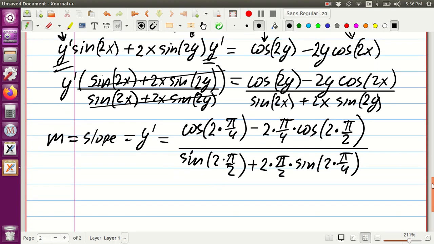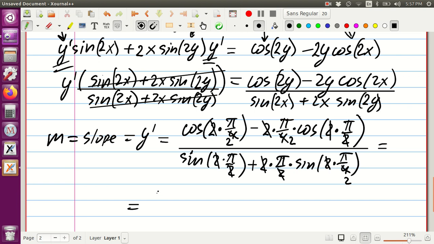Alright, so let's simplify it a little bit before we move to the next line. 2 and 4 we can divide, so we're going to get 2. 2 and 4 we can divide, so we're going to get 2. This 2 and 2 we just can divide. Then 2 and 4 gives us 2.